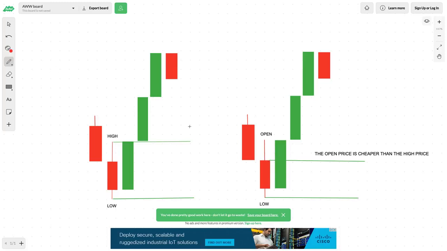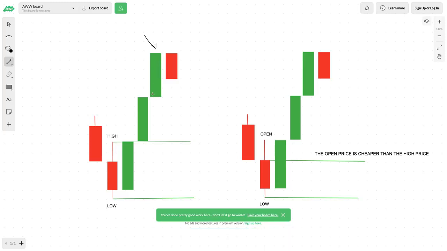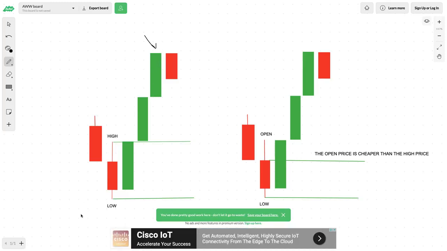And when we're talking about cheapness, if we look at this side here and we then try to understand that in the overall range from what would be considered this high and this low right here, this high would be considered an expensive area.